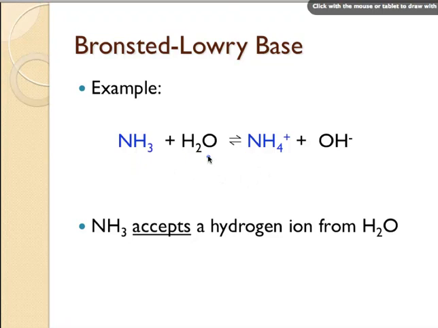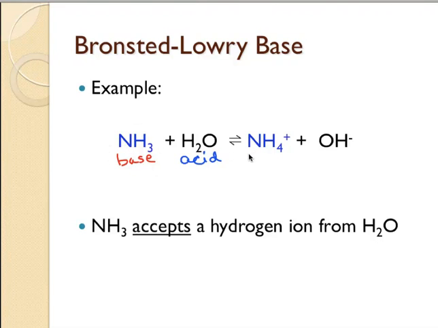So on the reactant side, what is donating the hydrogen, or what is being that proton donor? Hopefully you can see that the water is being the proton donor, so it is the acid. The ammonia is accepting that proton, so it is the base. What does this base look like when it accepts that proton?